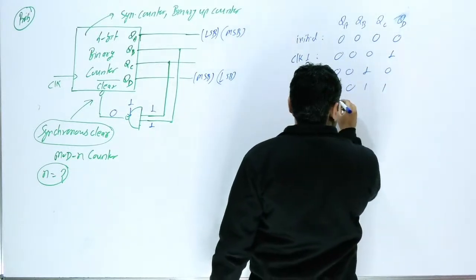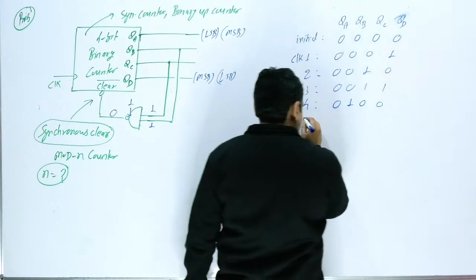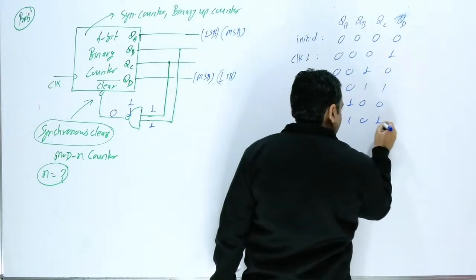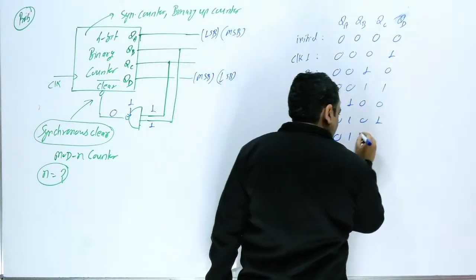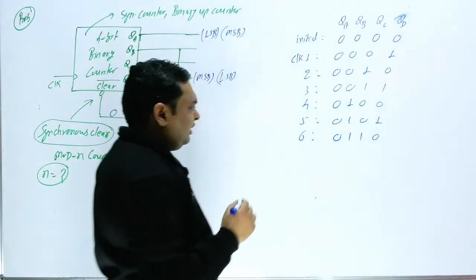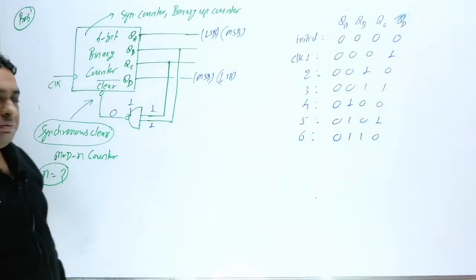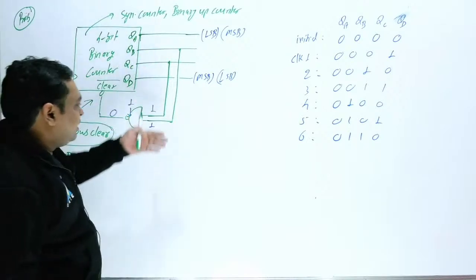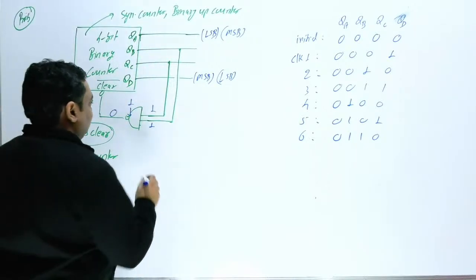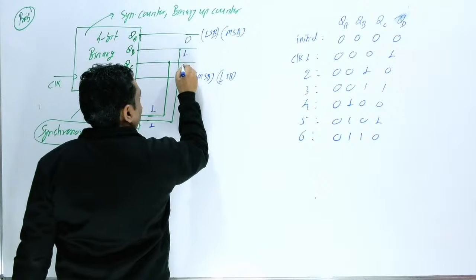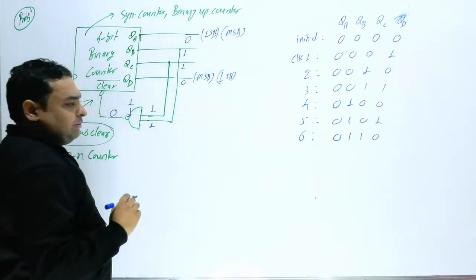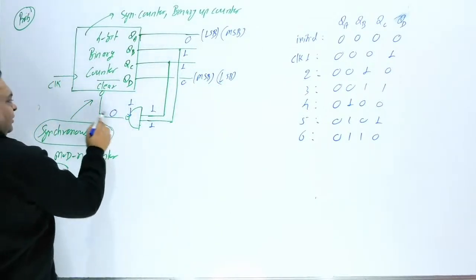After the fourth clock, 0, 1, 0, 0. After the fifth clock, 0, 1, 0, 1. After the sixth clock, 0, 1, 1, 0. So at the sixth clock you are getting the output 0, 1, 1, 0, and here you are getting 1, 1 and here 0, 0.